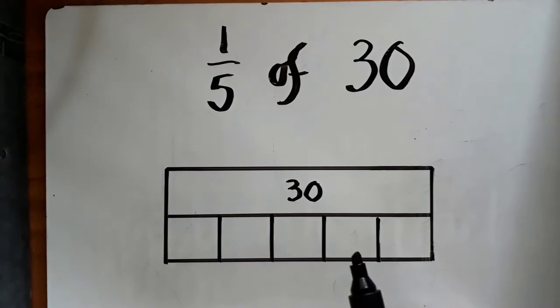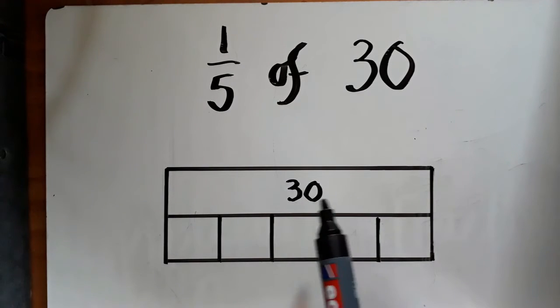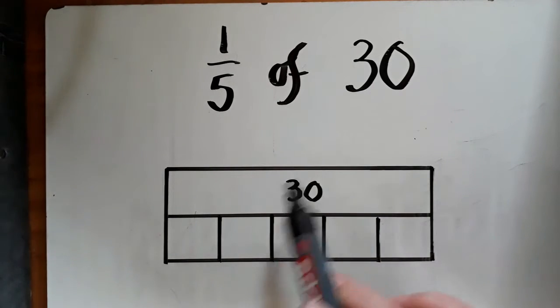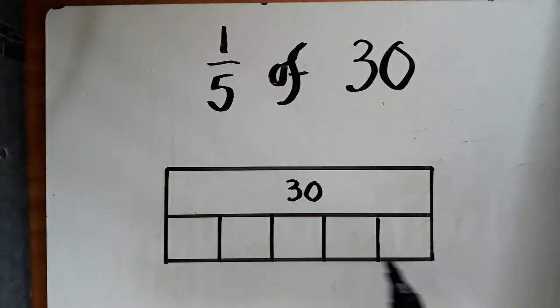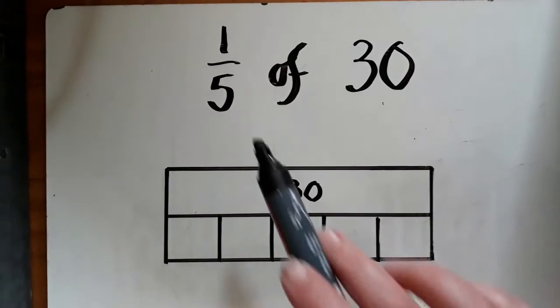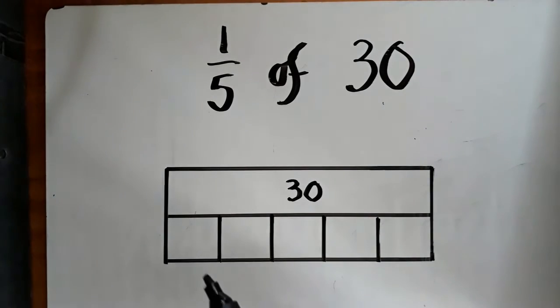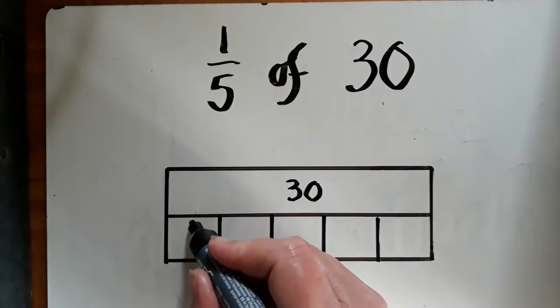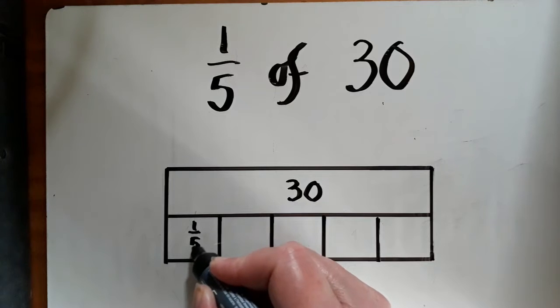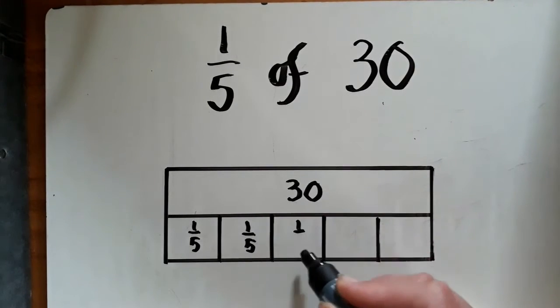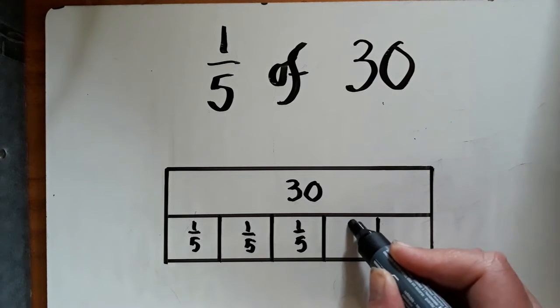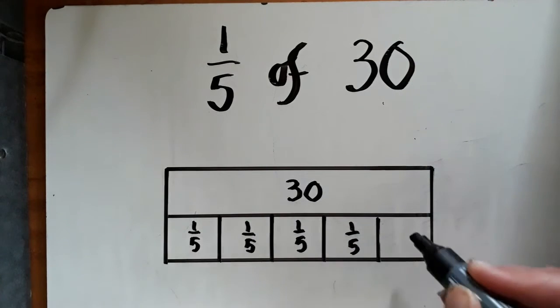So here's my bar model. We know that the quantity, the whole that we have, is 30, and we want to find 1/5 of 30. I've divided the second strip of my bar model into 5 equal parts, so each of these is worth a fifth.